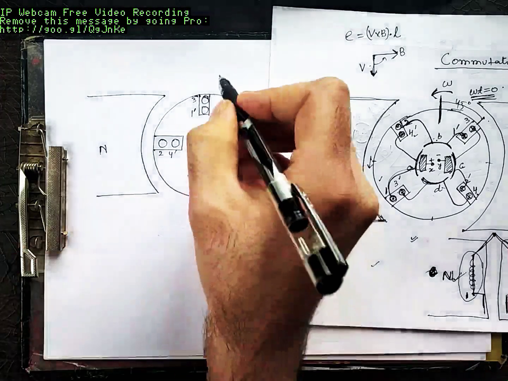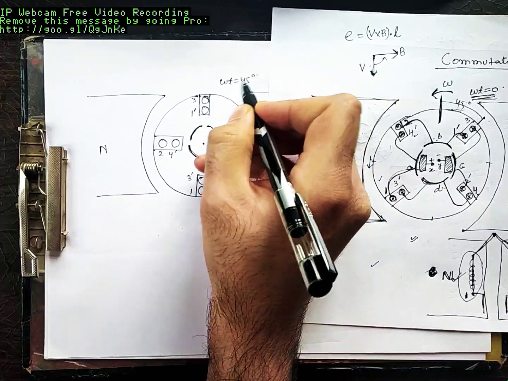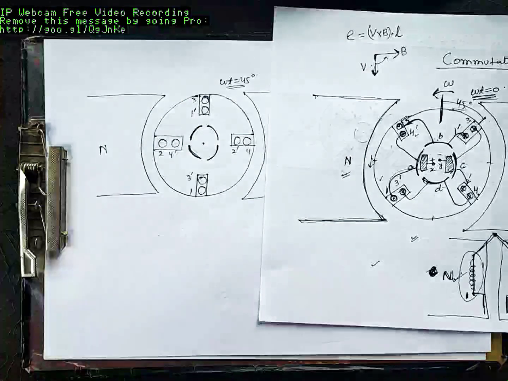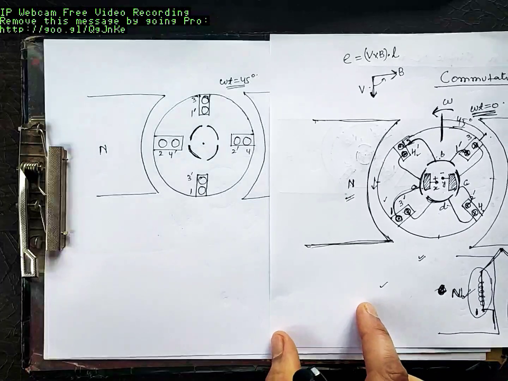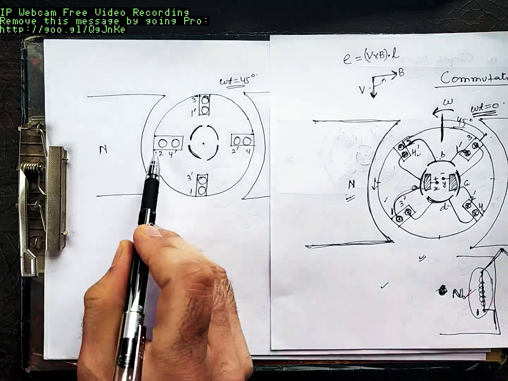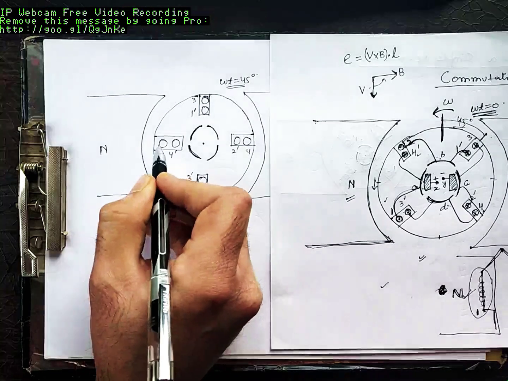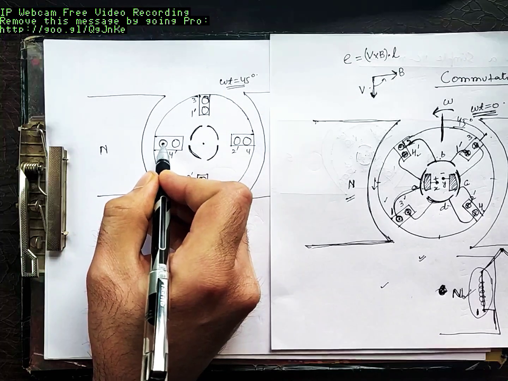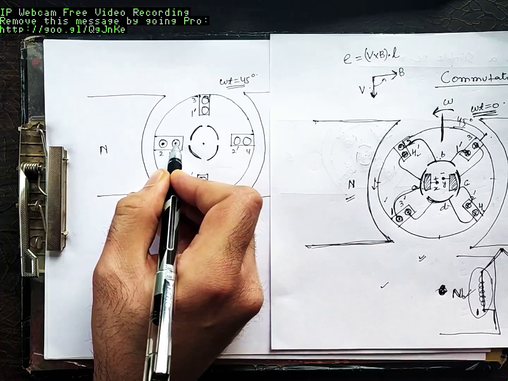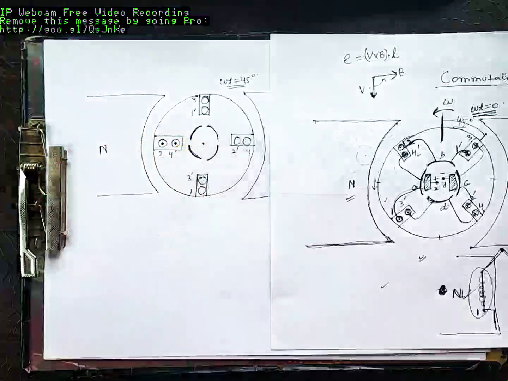This is for omega t equal to 45 degrees. Since 2 and 4 are under the north pole, we already discussed, so this will be a dot over here. Voltage is positive out of the plane.